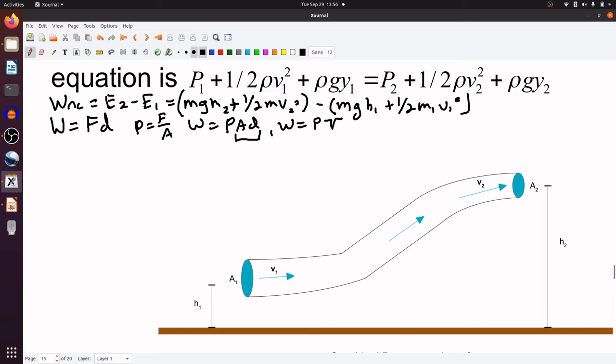So, what I want to do is combine these two. Looking at my work due to non-conservative forces, it's actually going to be the change in pressure times the volume, since we're undergoing a pressure change. And to find that delta P, I need to find the change in pressure from higher to lower. So that's actually going to be P1 minus P2.